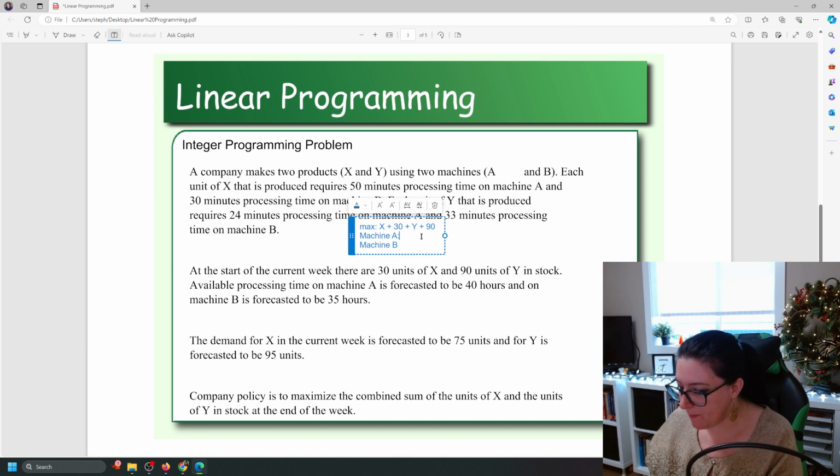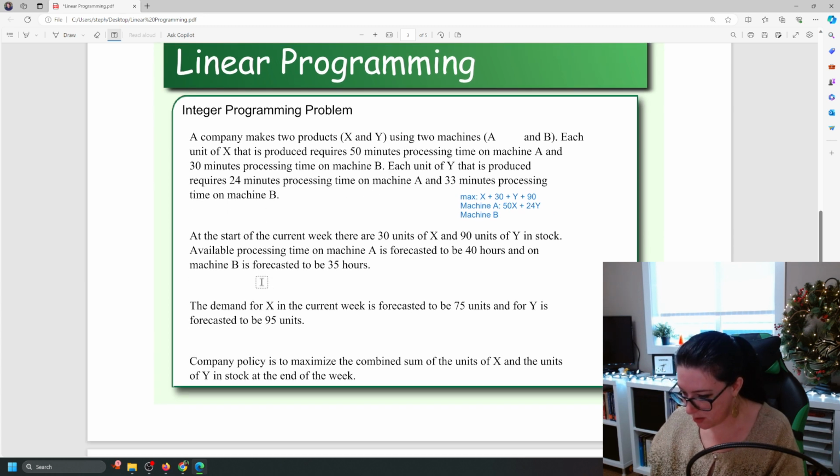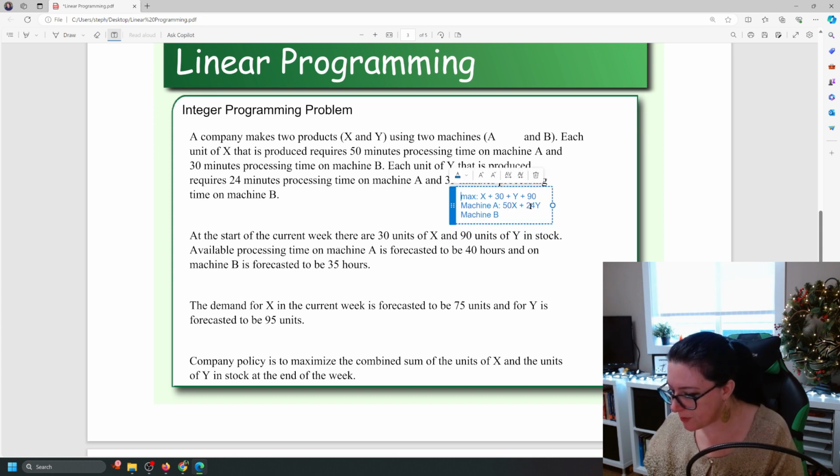So machine A is 50 minutes times X, and 24 minutes for Y, and machine A only has so much time. Available processing time for machine A is 40 hours.